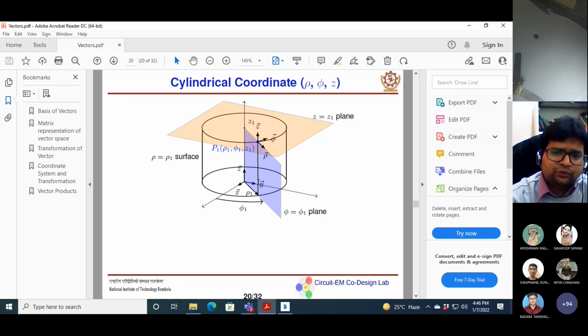So please note that in cylindrical coordinates, the definition and the direction of the phi vary from point to point. For a different point, it has a different value or different direction. Please note that one. And the same is true for the rho.